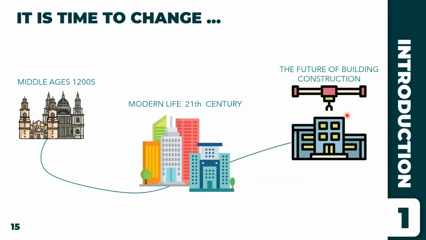Because of all those technologies, personally, I think it's time to change, as our modern buildings use the same technologies as 800 years ago. And I think the future of construction is 3D printing technologies.